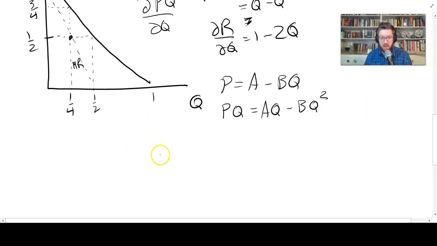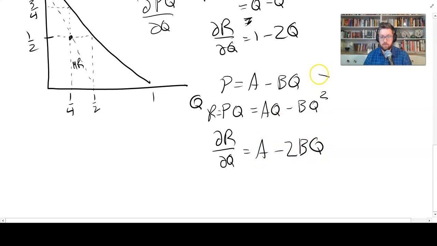If you take the derivative of this, revenue PQ with respect to Q, we get A minus 2BQ. You can see that whenever you have linear demand, they're convenient to draw because marginal revenue looks the same as demand except with twice the slope.